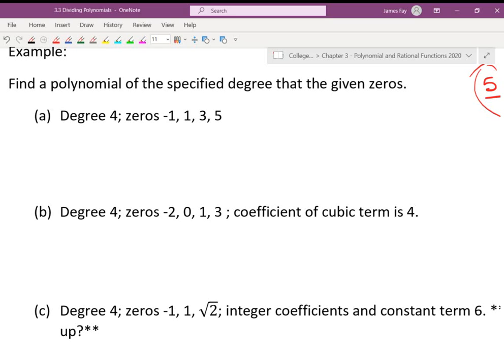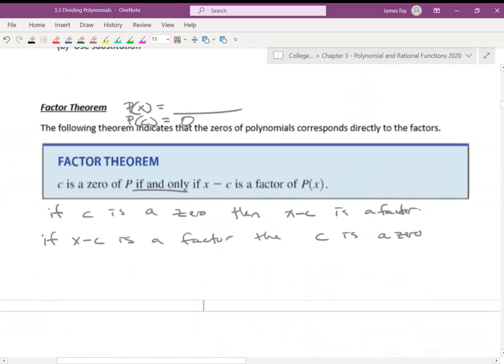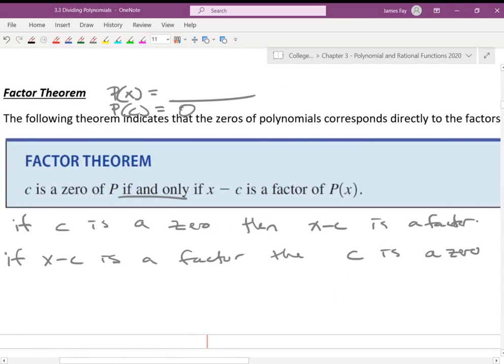This says find a polynomial of a specified degree that has the given zeros. Okay, so this is going to be using the idea of what we talked about in regards to the factor theorem yesterday. Factor theorem said if C is a zero, then X minus C is a factor, right?